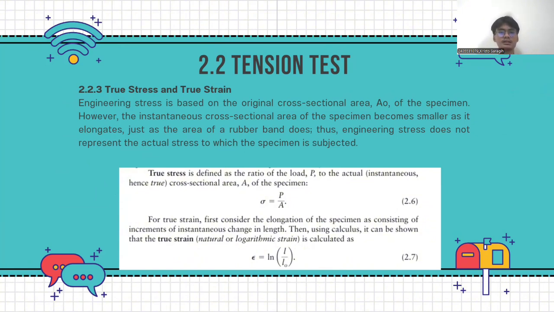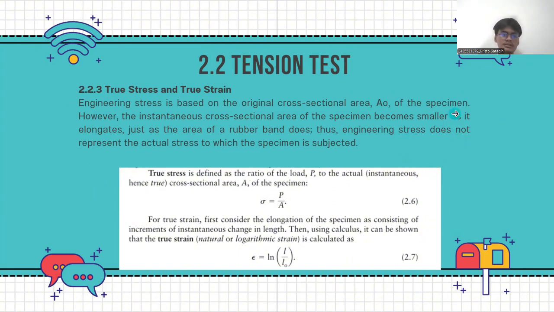However, the instantaneous cross-sectional area of the specimen becomes smaller as it elongates, just as the area of a rubber band does. Thus, engineering stress does not represent the actual stress to which the specimen is subjected.